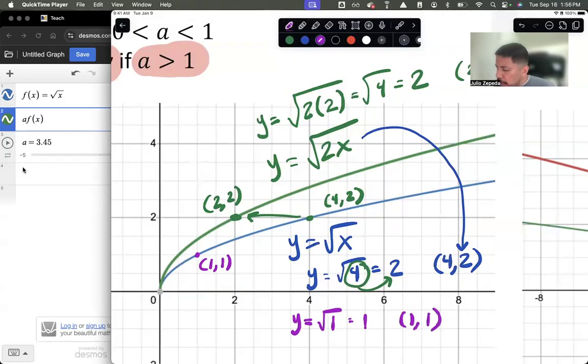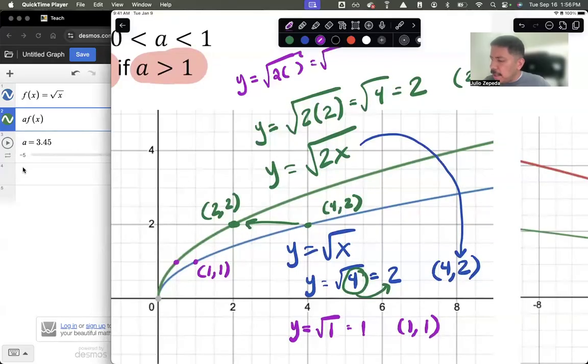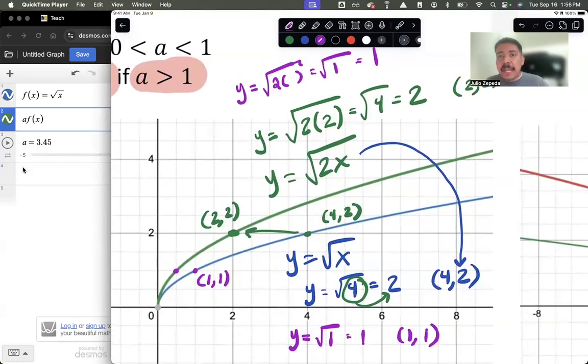So if I now want to produce an output of 1 in my new function, what x value would produce that? Well, the square root of 2 times what number? I need to get the square root of 1. So the x value that's going to make that occur, or the x value for which I will get a 1 as my output, is going to be half of the x value that I used in the parent function. Half of 1 is 1 half. So the ordered pair here is 1 half comma 1.